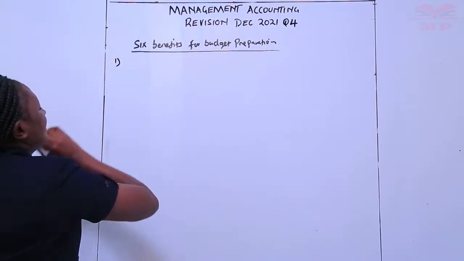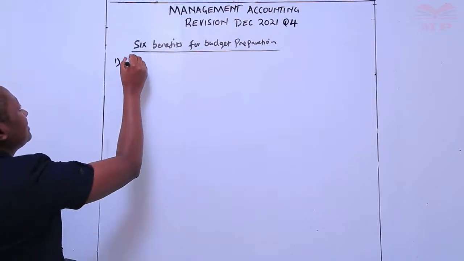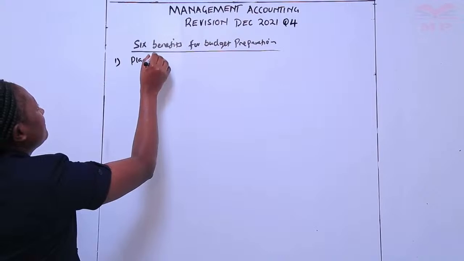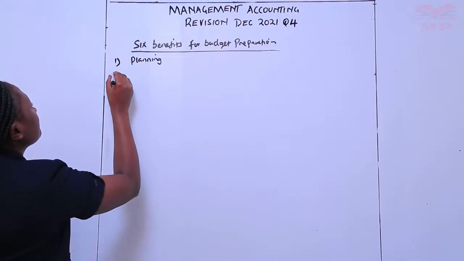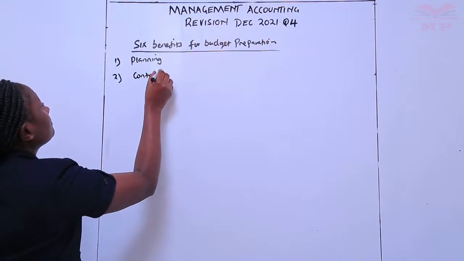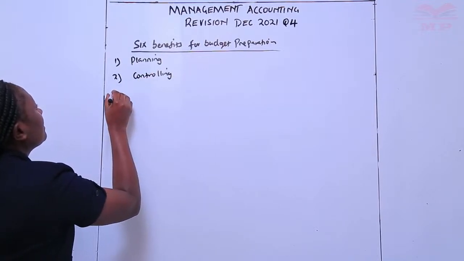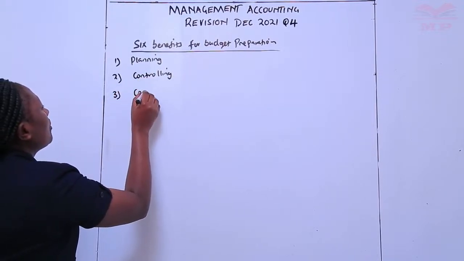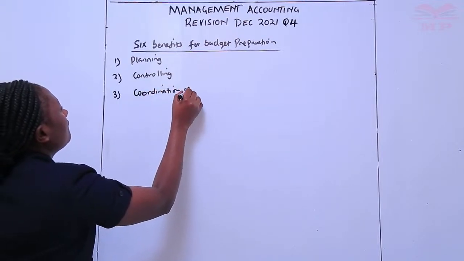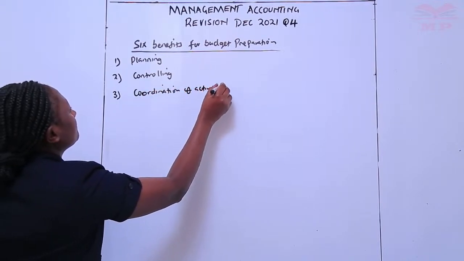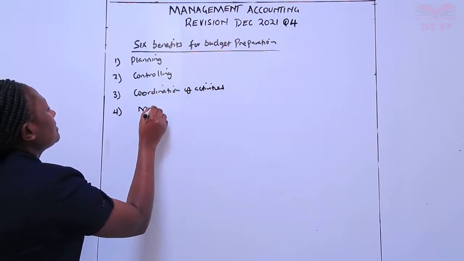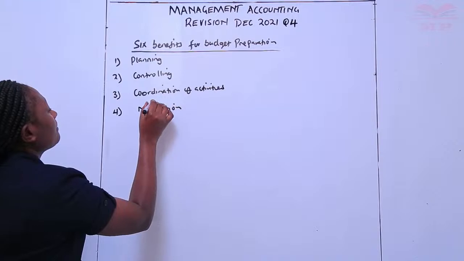So number 1, I'll give a summary, then I'll explain. Number 1 is planning. We have a benefit, it is assisting in planning. 2, it will assist in controlling. Number 3, in coordination of activities. Number 4, can motivate, so we have motivation.